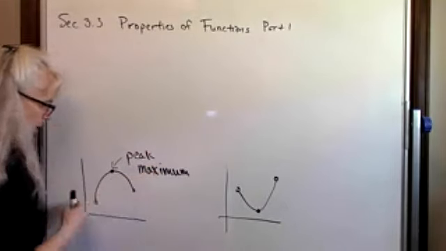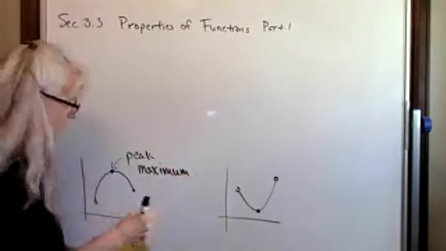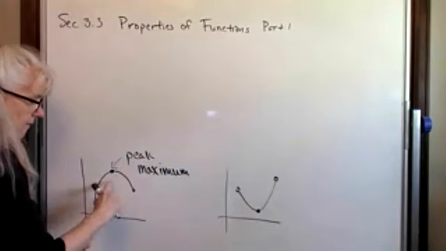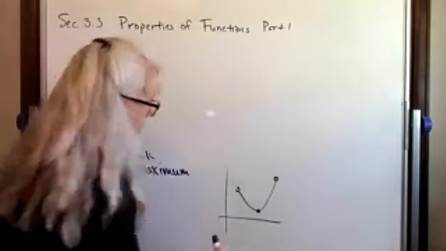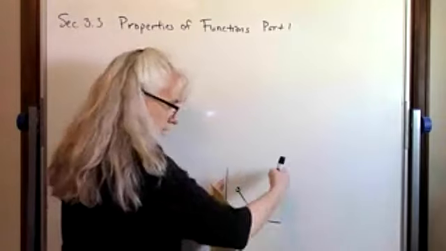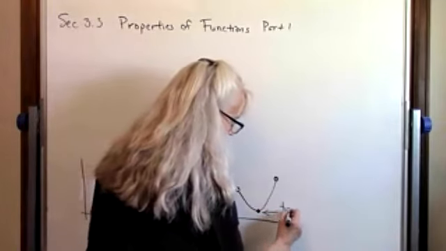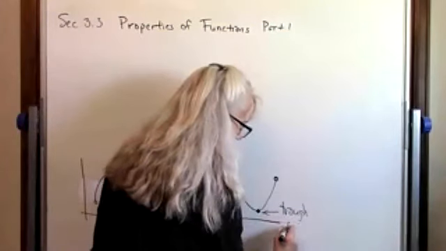It is within a local interval, so within a specific area of the graph, a specific slice of the graph, this is the top value. Over here, when we take a look at this one, within a specific slice of the graph, within a localized piece, this guy, our trough, is going to be our minimum.